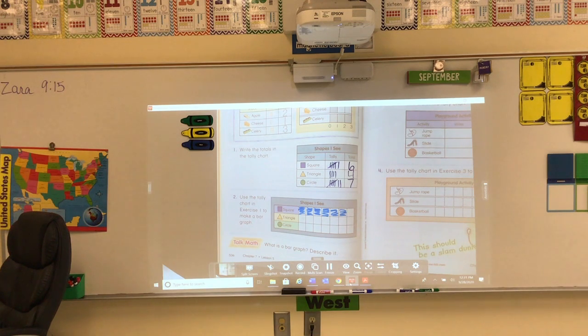I'm seeing some good coloring. Let's go a little bit quicker, please, okay? Good job, Julian.